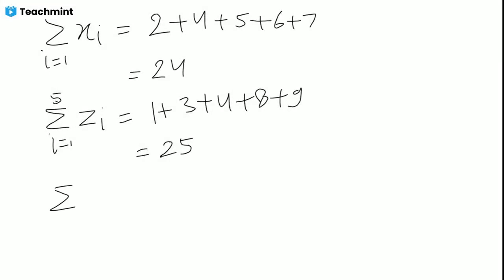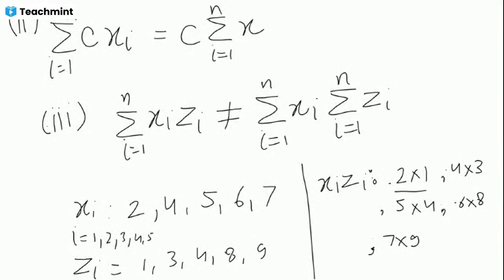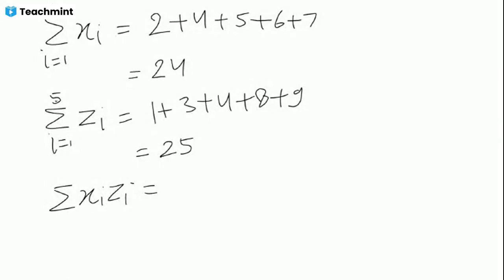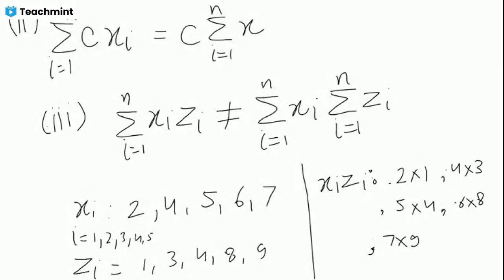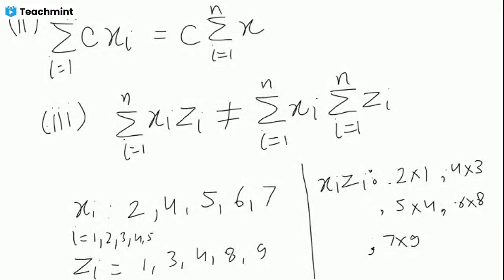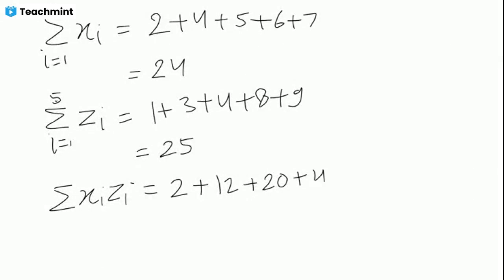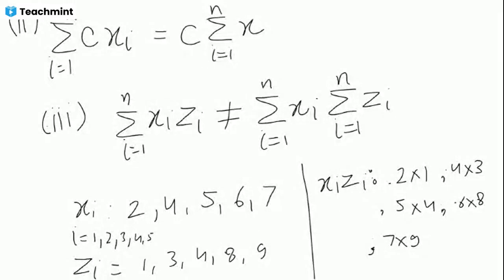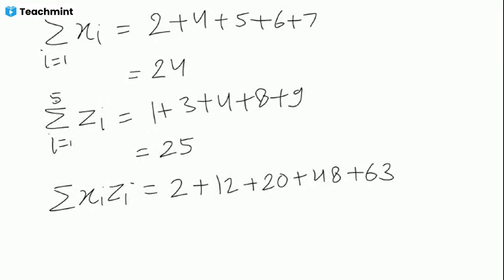And the summation of xi and zi, let us find what we have here. Here 2, 12, 20, 48, and 63. Let us add them. So we have 2 plus 12 plus 20 plus 48 plus 63.